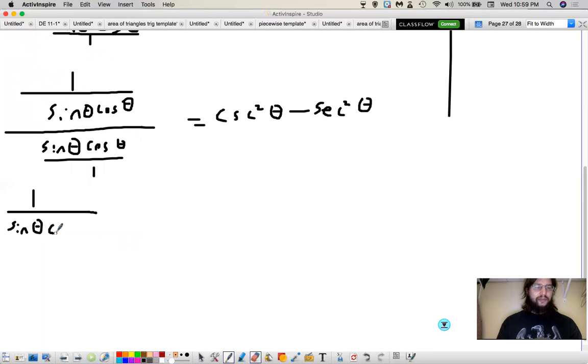Dividing by a fraction, so I'm going to invert and multiply, reciprocate and multiply, flip it and multiply, multiply by the reciprocal, whatever you want to call it.